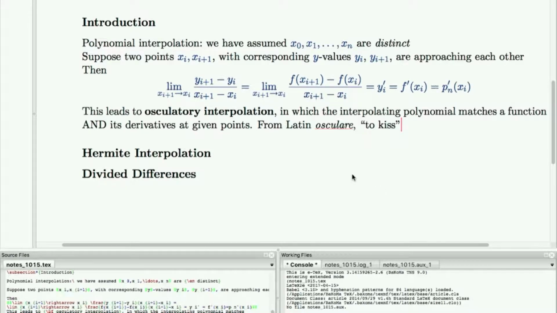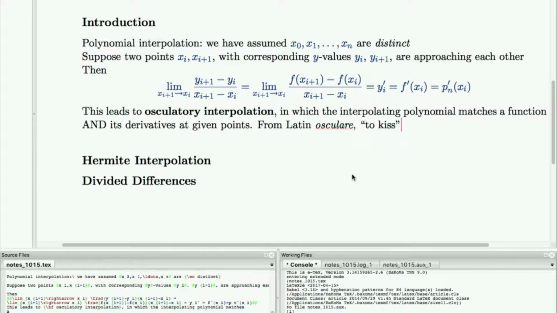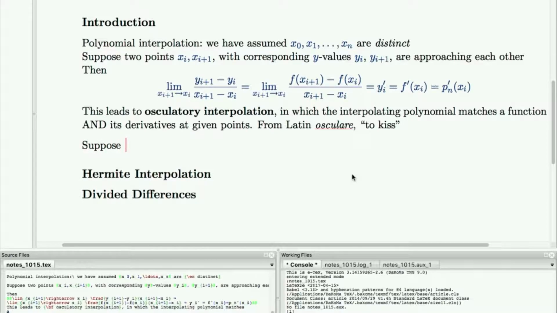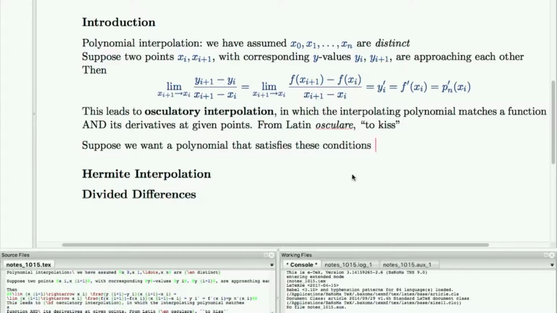Now, the idea is, as an example, suppose we want a polynomial that satisfies these conditions at only 2 points, x naught and x1.